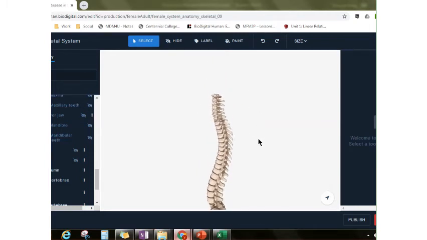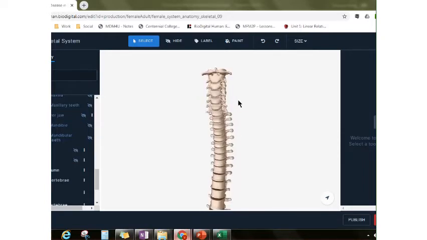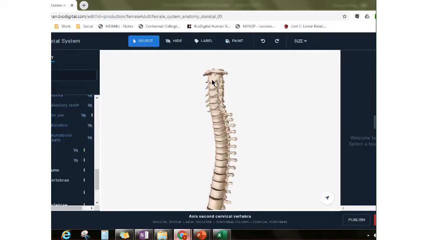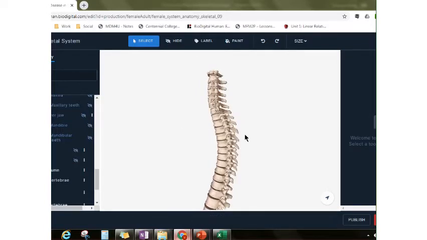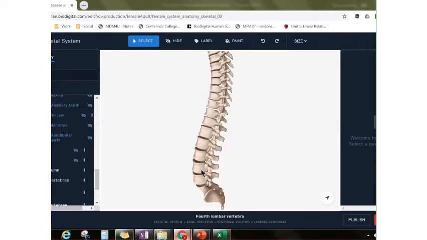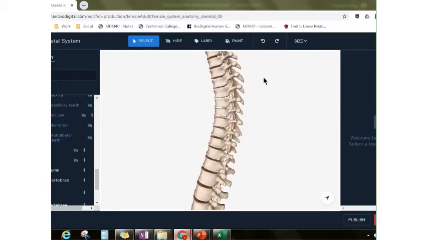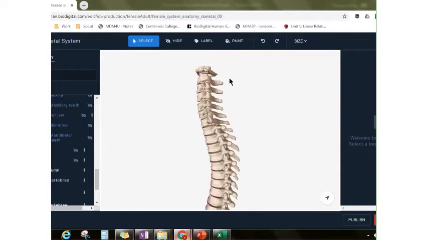So another thing you can see here is the vertebra. They actually are very similar in terms of shapes, but they do get bigger as you go down. Kind of makes sense, right? You have to support the weight of everything above it, so you need them to increase in size to be able to do that.